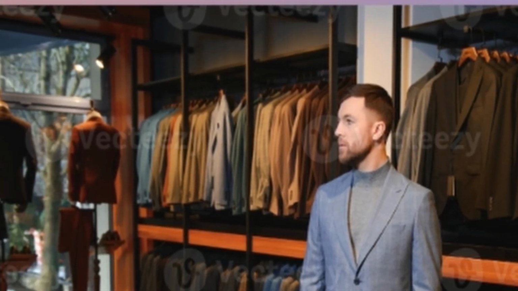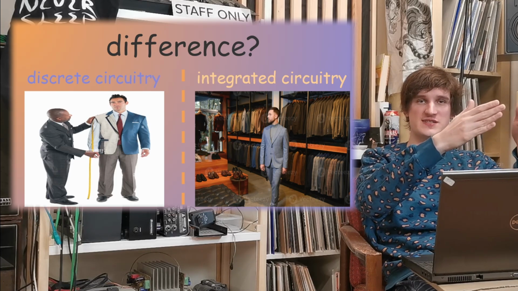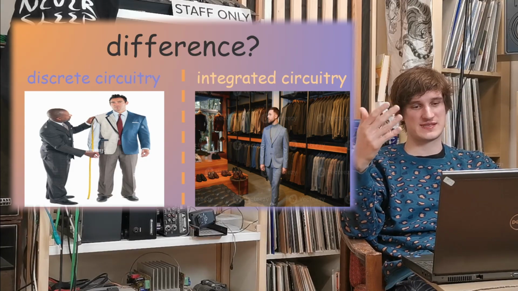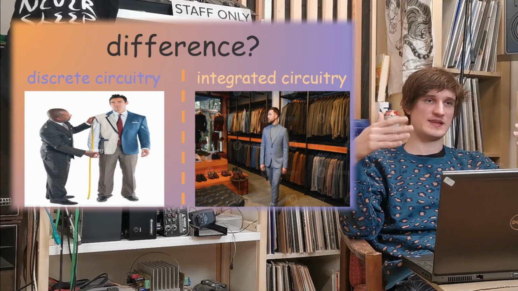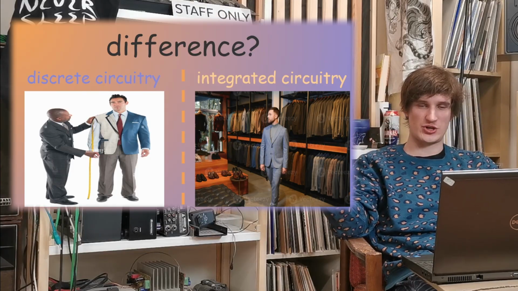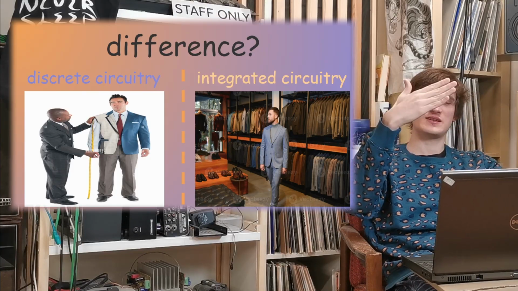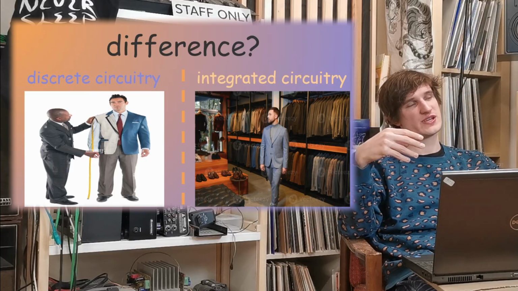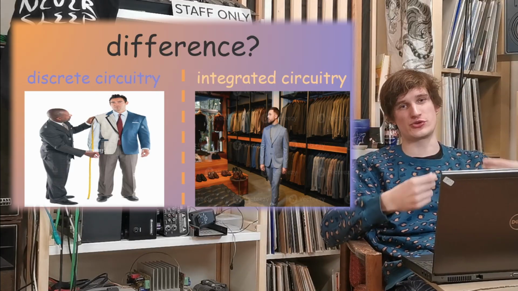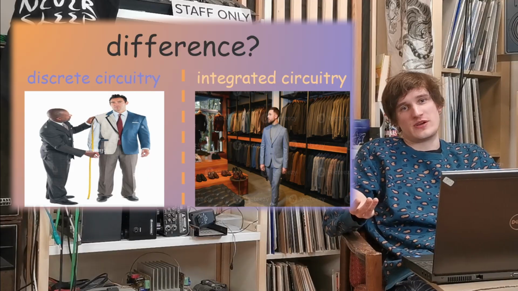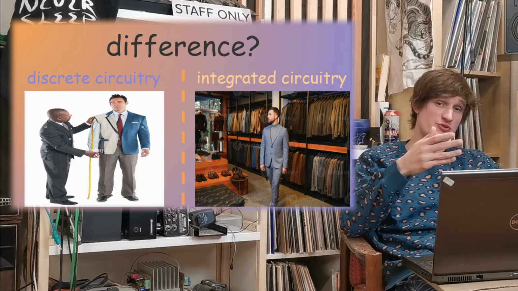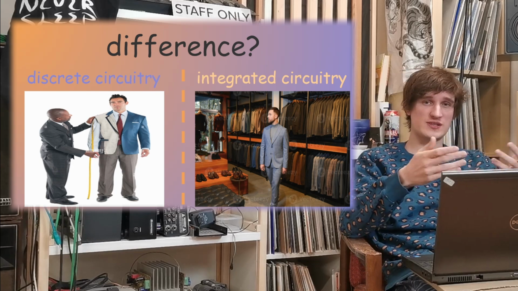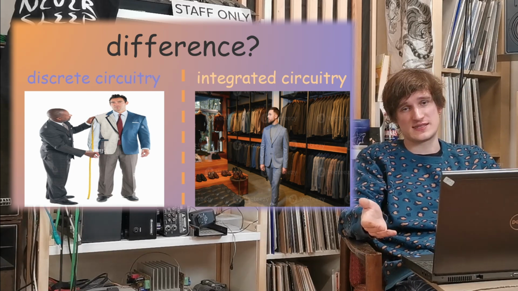Probably in this market you'll find the perfect suit that you need, or very close to perfect, and because of the choice it's highly probable that you will find just exactly what you need, but still you are just buying a ready solution and you can't really do anything about it. And with discrete circuitry, you can do some more precise tweaks. The question is, do you really need it?